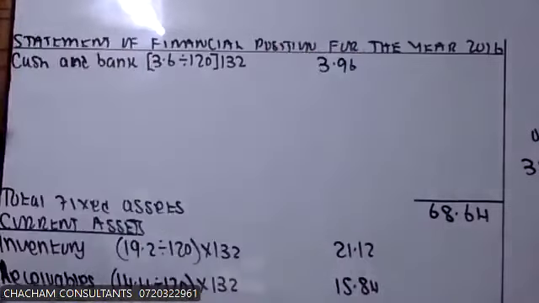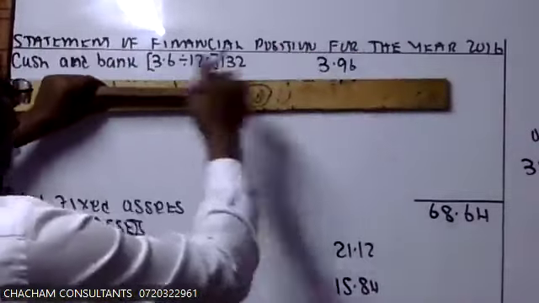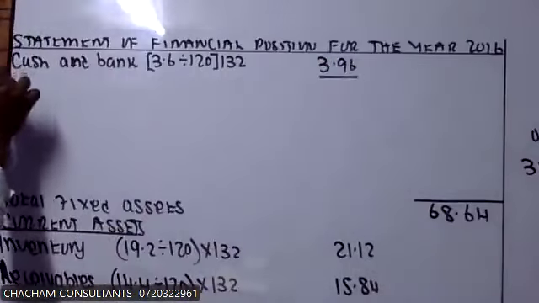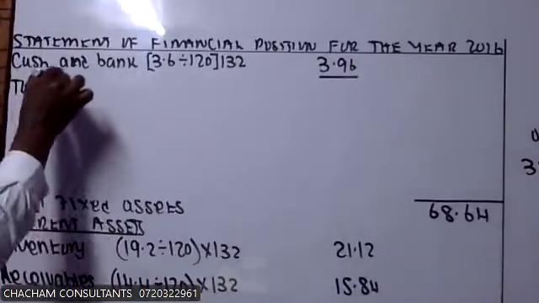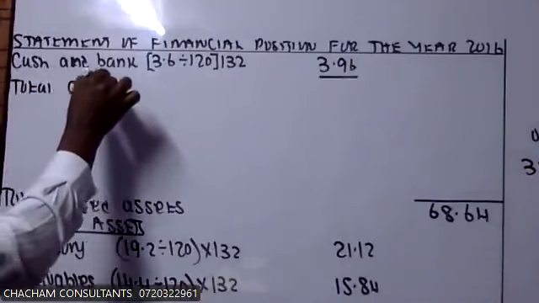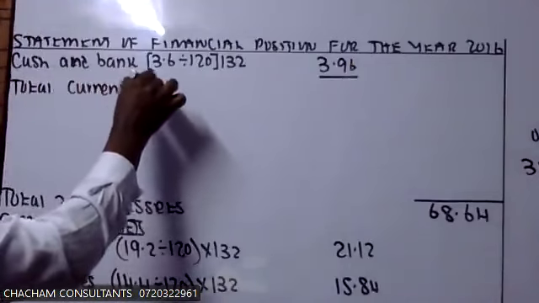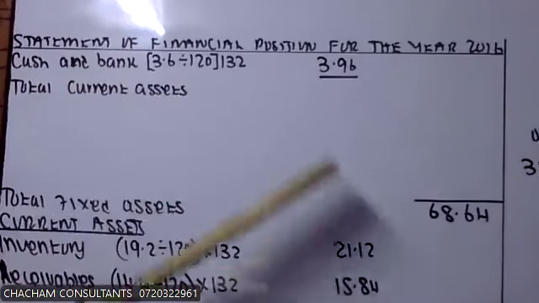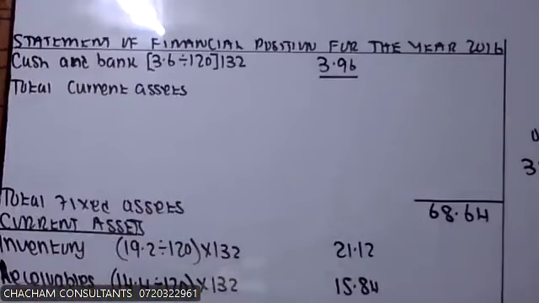So at that point now, we are able to get what we call total current assets. Total current assets. So add these three, this plus this plus this. 40.92.